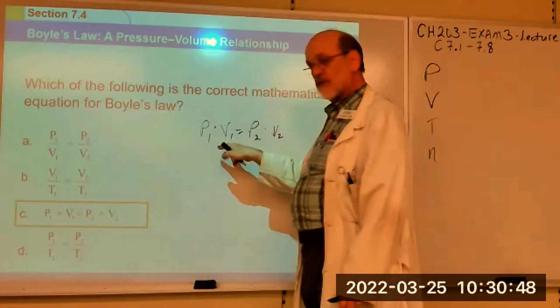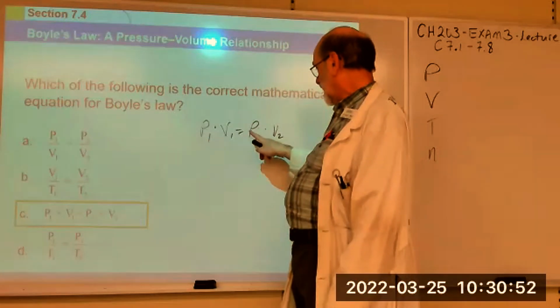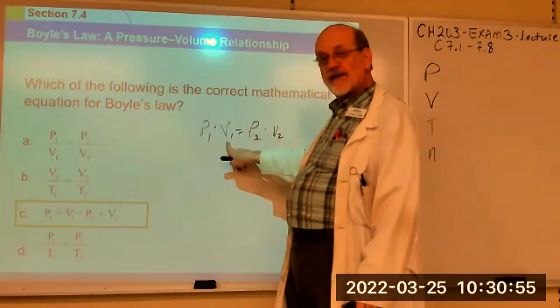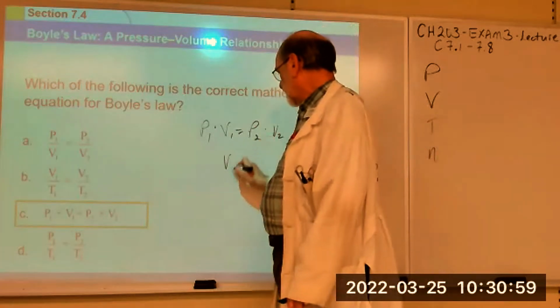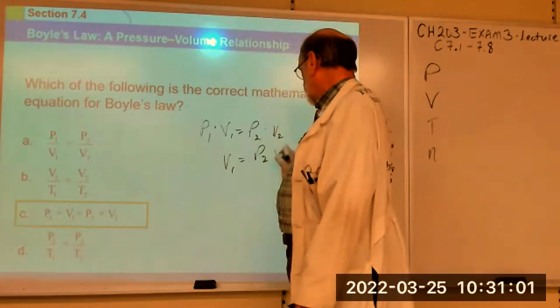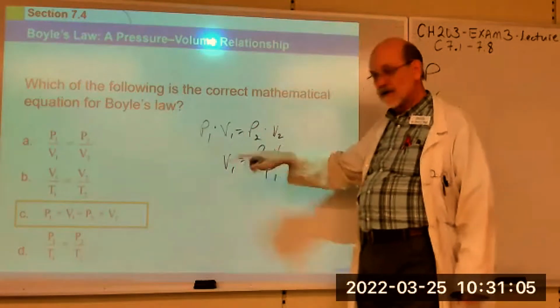If you want to solve for one of these unknowns, say you know this pressure and this volume, you want to find the original volume, just solve it: P2V2 over P1. Plug in your numbers, and you get your answer.